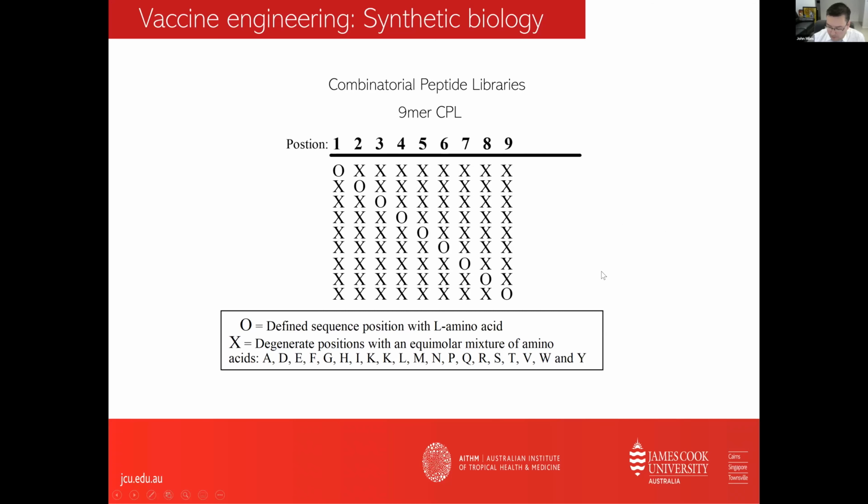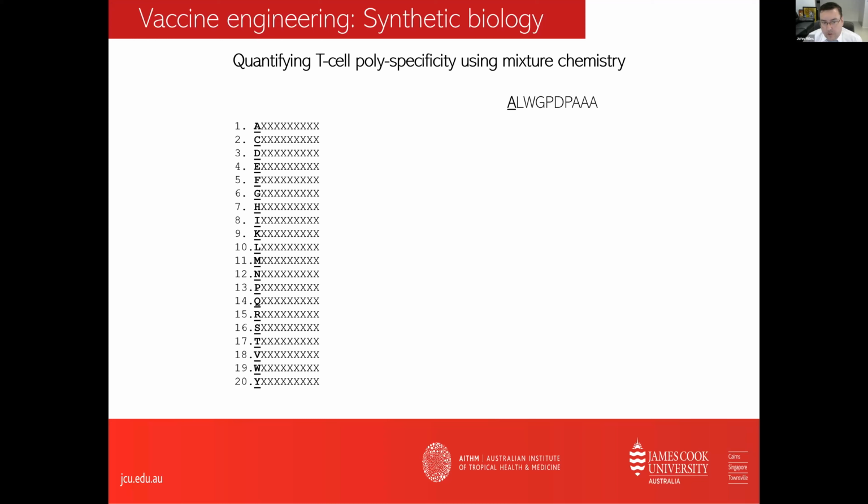Here's an example of one. Here's our first 20 tubes, where you can see we've fixed all 20 amino acids at position 1. And we scan them across a clone which recognizes this epitope. And as I said before, the X's are degenerate.